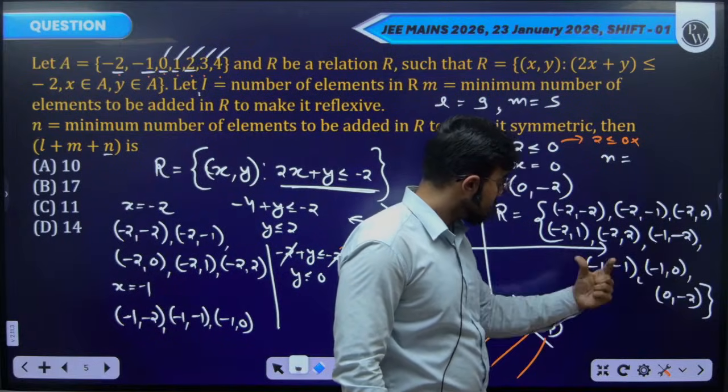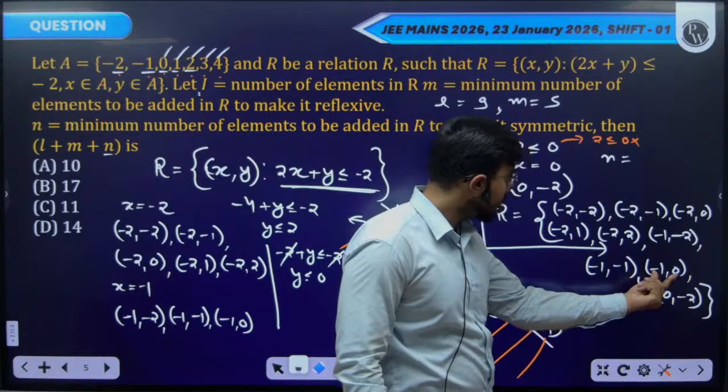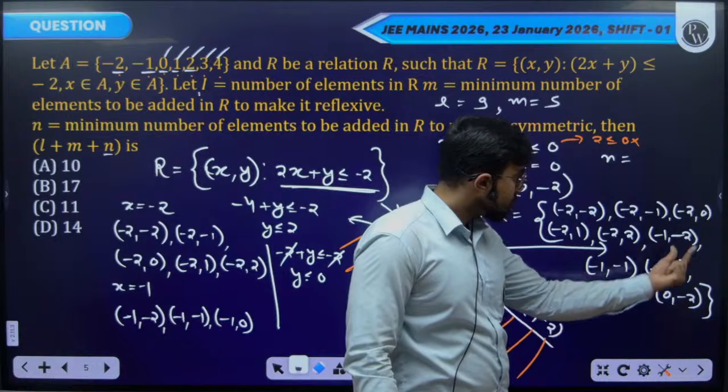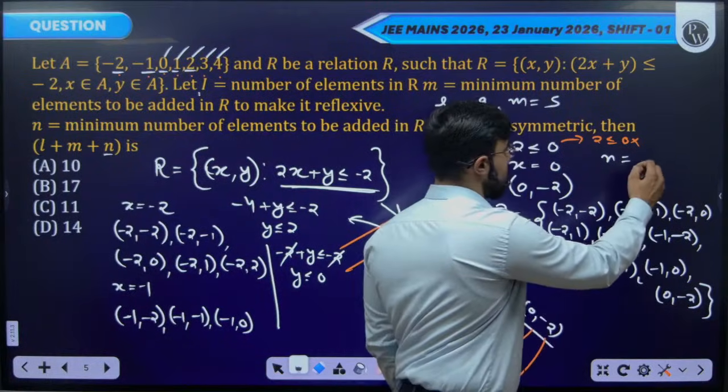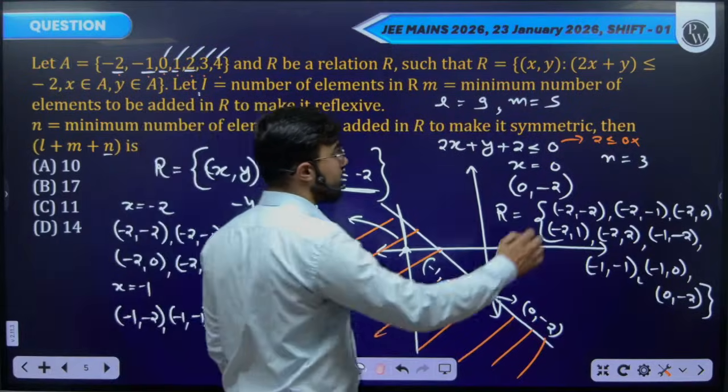Minus 1 comma 0 is there, 0 comma minus 1 is not there, so the third element. 0 comma minus 2 is there, minus 2 comma 0 is there. So n is 3. So we have to add three more elements to make it symmetric.